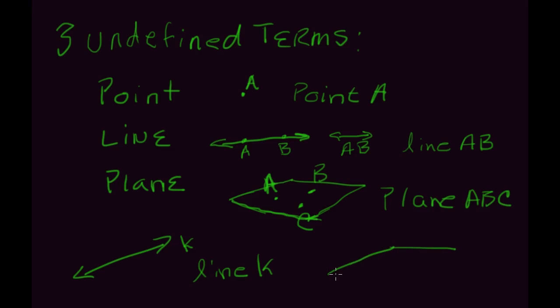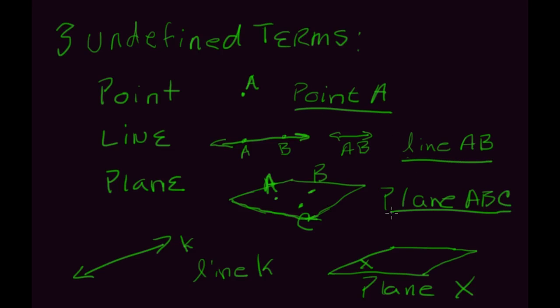We could also do something very similar to what we did with a line, and just draw an X here in the corner and call this plane X. But it's typically 1 letter for a point, 2 letters for a line, 3 letters for a plane. One of the keys to those 3 letters is that they have to be non-collinear. So if you're using A, B, and C, you want to visualize those as not being in the same line, because if you have them in the same line, you could be talking about more than one plane, so that's not a unique identifier. So you want to have at least 3 letters for a plane.